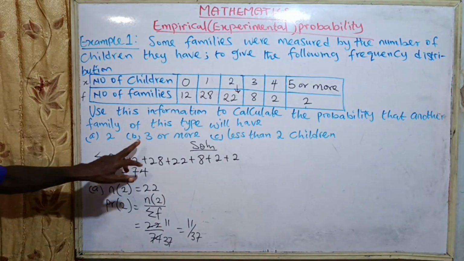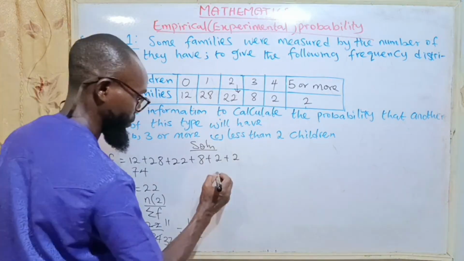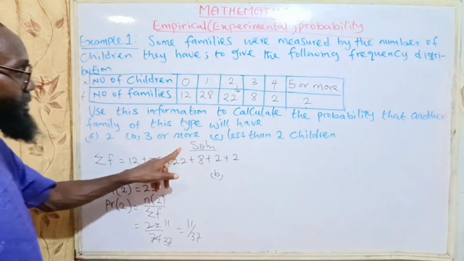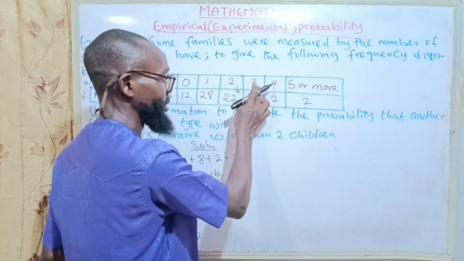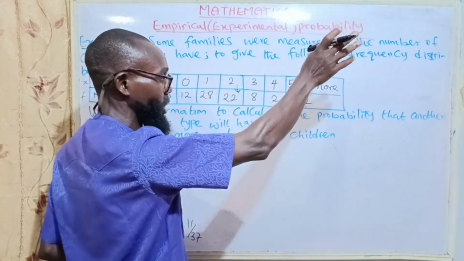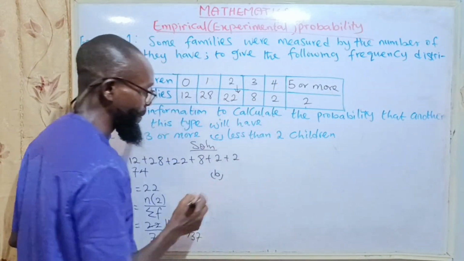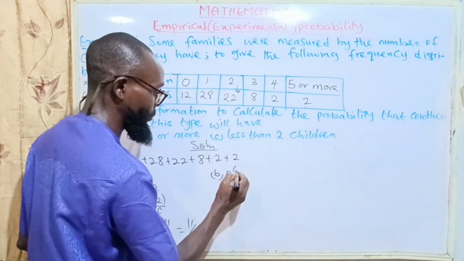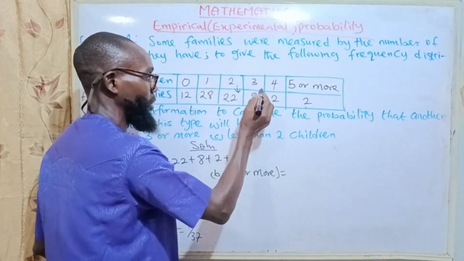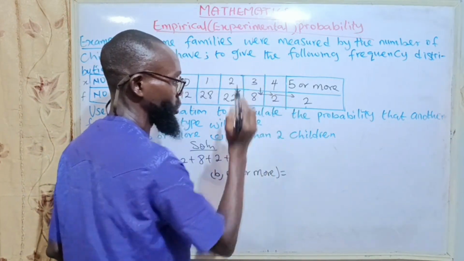Second one is 3 or more. We want to find the probability of 3 or more children. This is 3 children, so or more means from 3 to 4 to 5 upward. The number of 3 or more will be 8 plus 2, then plus 2.